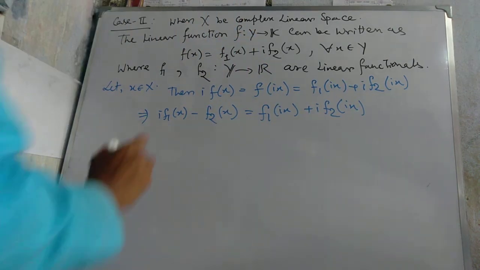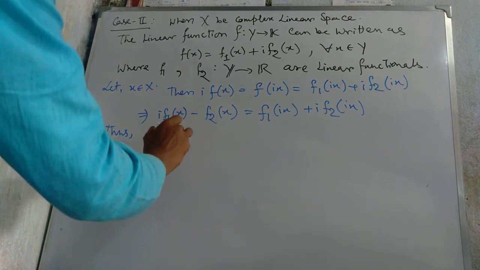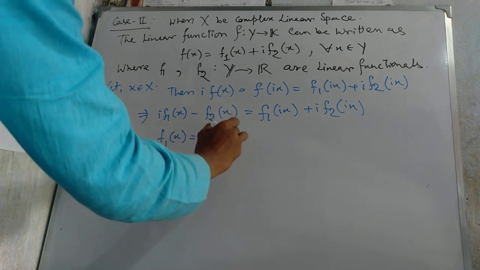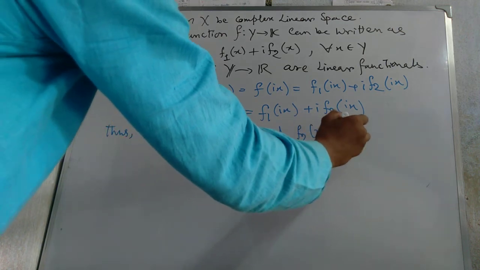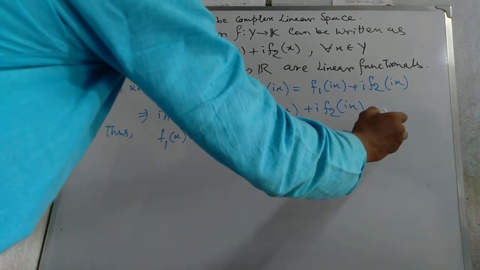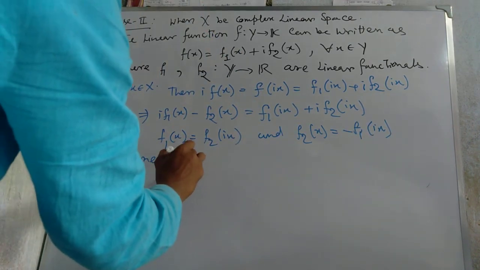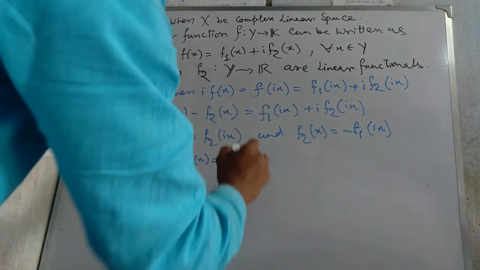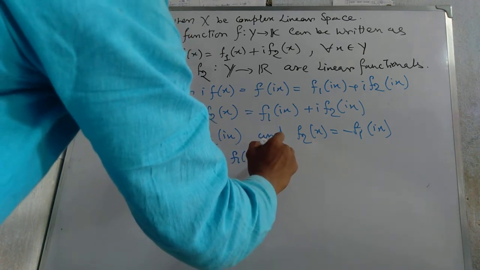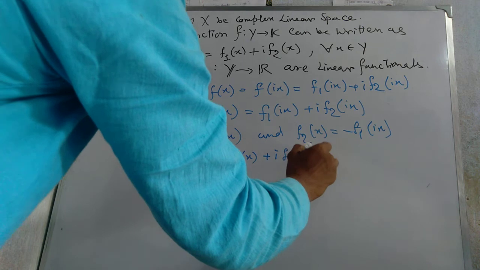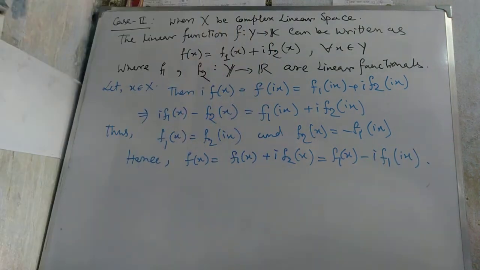Okay, then what we obtain: thus f1(x) = f2(ix) and f2(x) = -f1(ix). Hence f(x) = f1(x) + i f2(x) = f1(x) - i f1(ix).